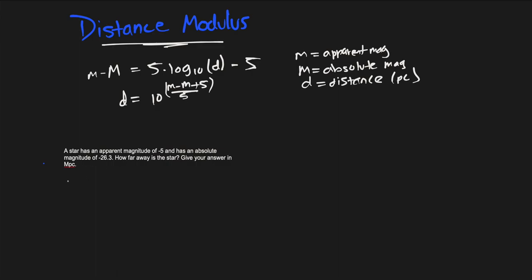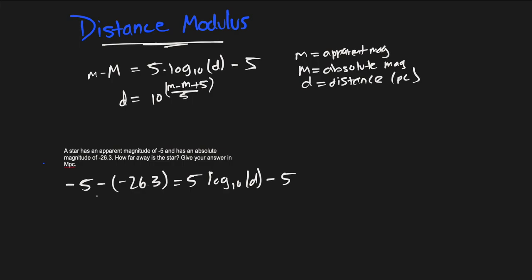So if you just plug into the equation, it's -5 minus the absolute magnitude, which is -26.3. And then that's going to be equal to 5 times the log base 10 of d, which is the distance you're solving for, minus 5.